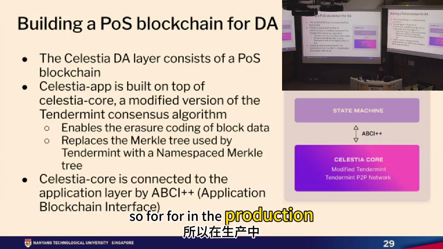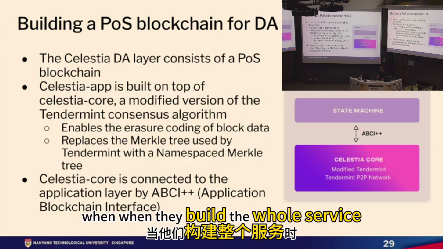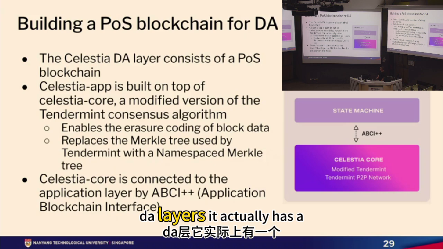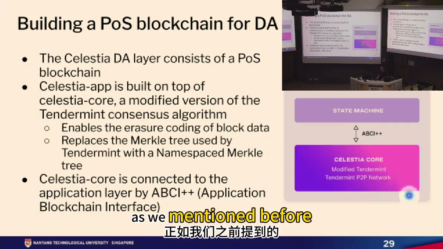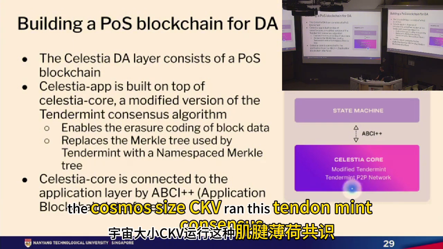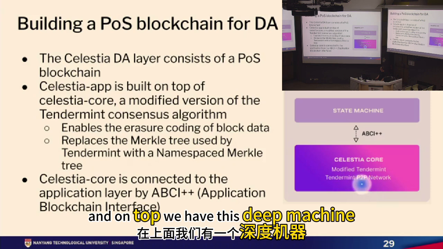So in production, when they build the whole Celestia DA layer, as we mentioned before, it has the Cosmos SDK, they run the Tendermint consensus, and on top, they have this state machine.